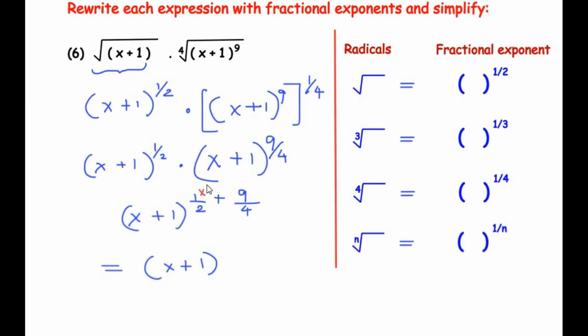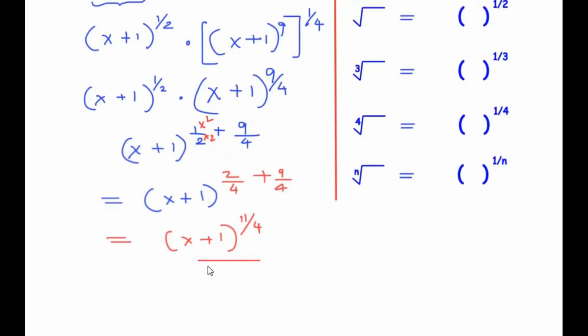Multiplying the numerator with 2 and the denominator also by 2, we get 2 divided by 4 plus 9 over 4. Now the denominators are the same, so we can just add the numerators. So this finally simplifies as x plus 1 to the power of 2 plus 9, which is 11, divided by 4. So we have changed the radical expression into a fractional exponent.